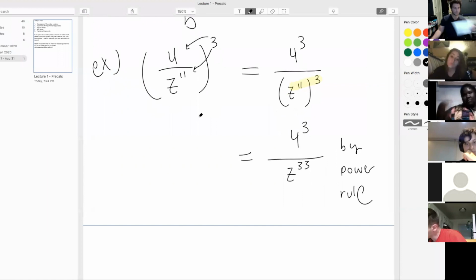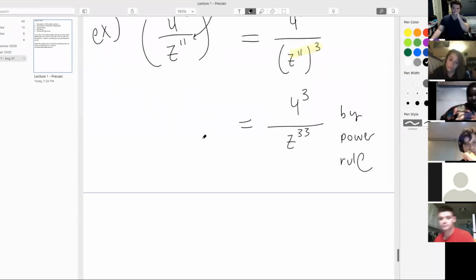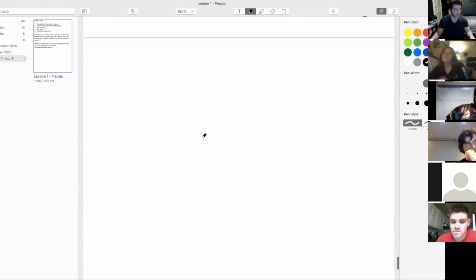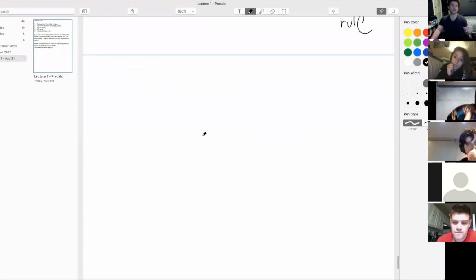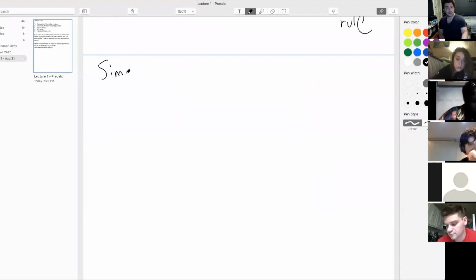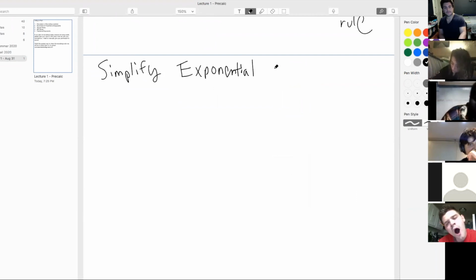Okay, cool. So now let's look at some practice problems that you would see on the homework. This part is called simplify exponential expressions using previously learned rules.